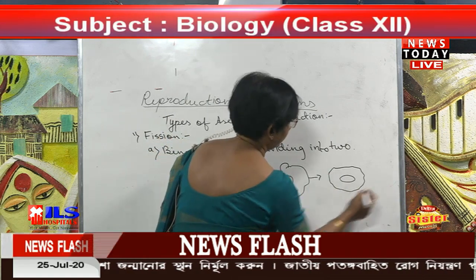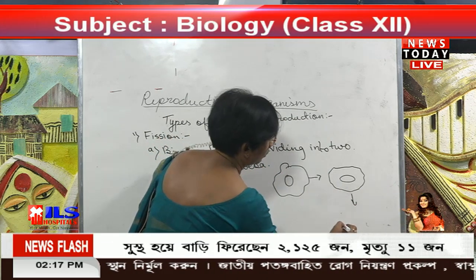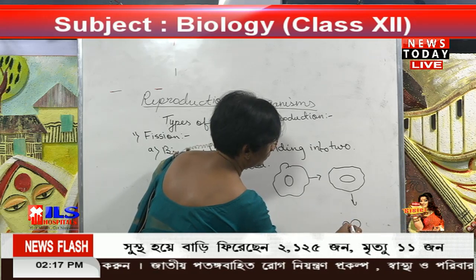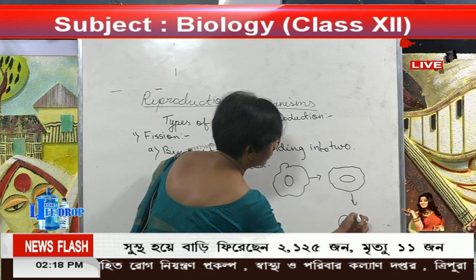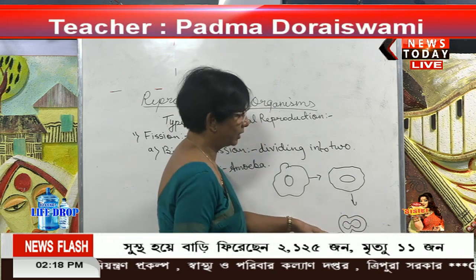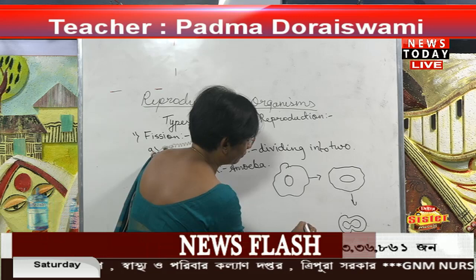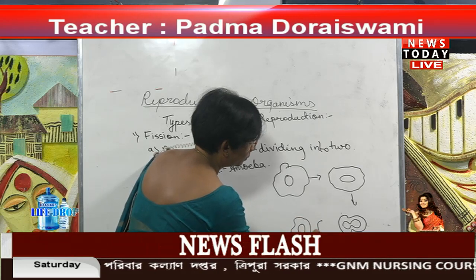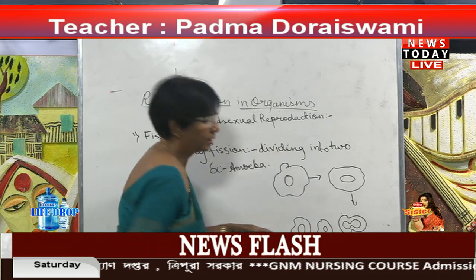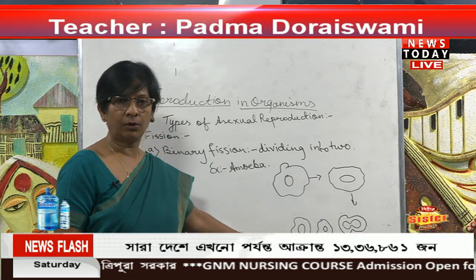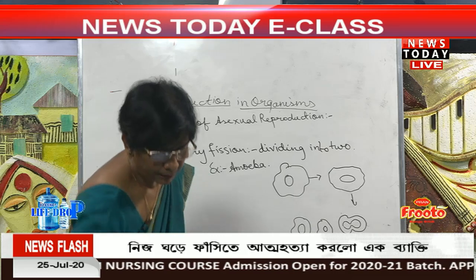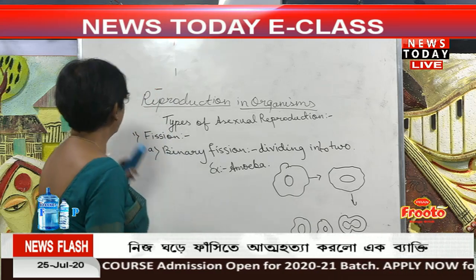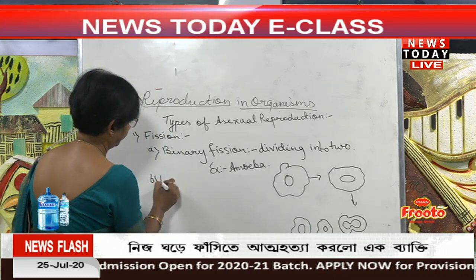Then constrictions come between the cytoplasm of the cell and the nucleus also, and you will find two baby amoeba. This is binary fission. And there is another one, multiple fission.